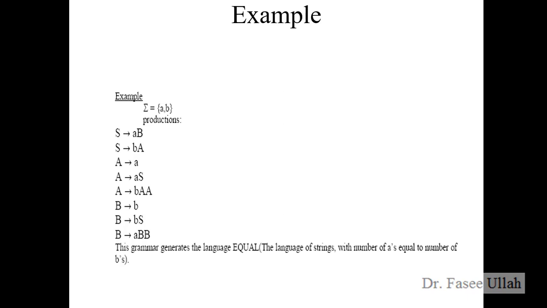So that is some rule which is defined based on the input and the required output. This grammar generates the language of strings with the number of a's equal to the number of b's.